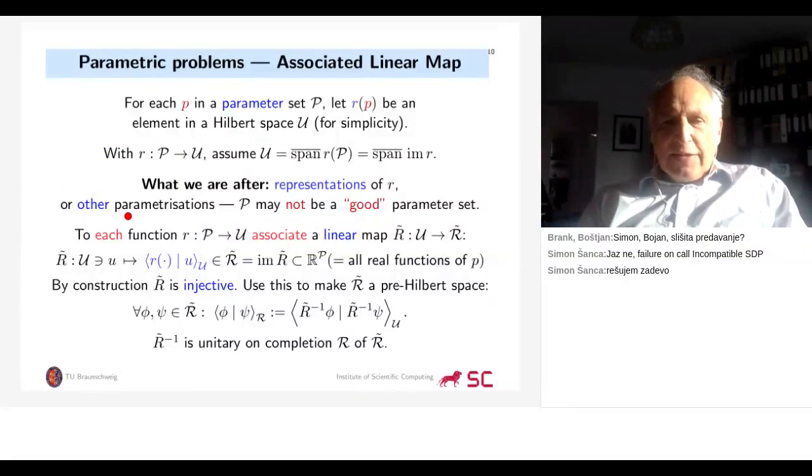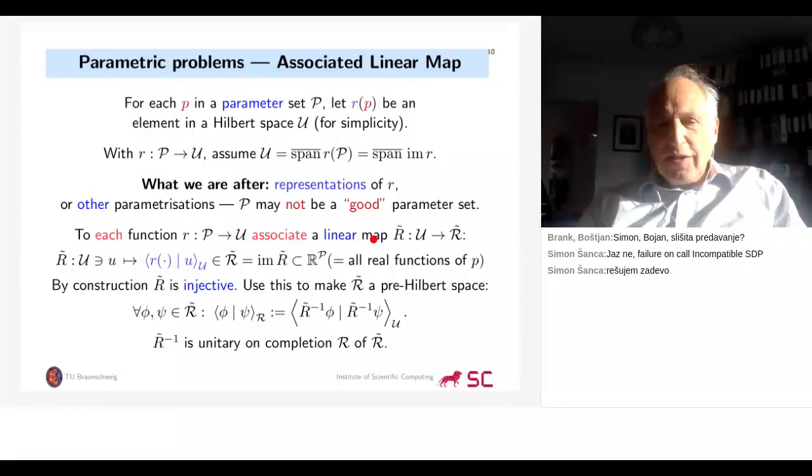So what we do to each such function, we associate a linear map from this vector space U, where this little R maps into, to another vector space, which I call R tilde. And R tilde is a space of functions. And how does this map work? Well, it takes a vector U and makes the inner product of this random vector times this vector.